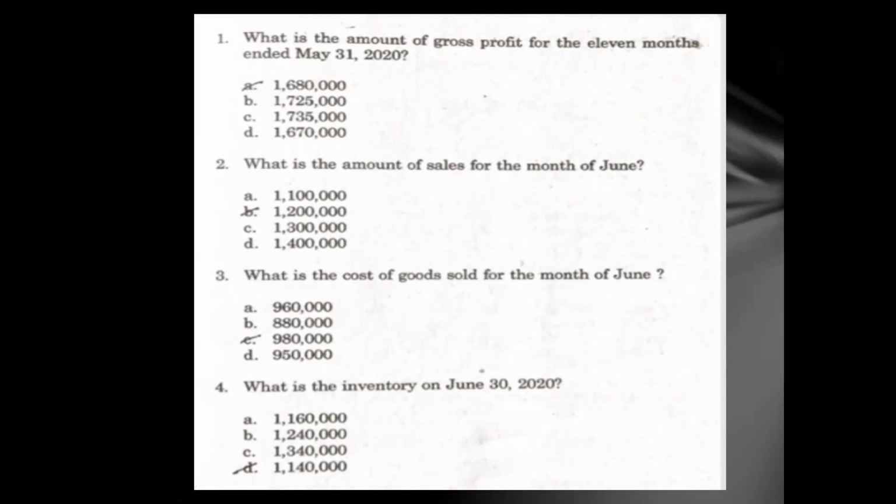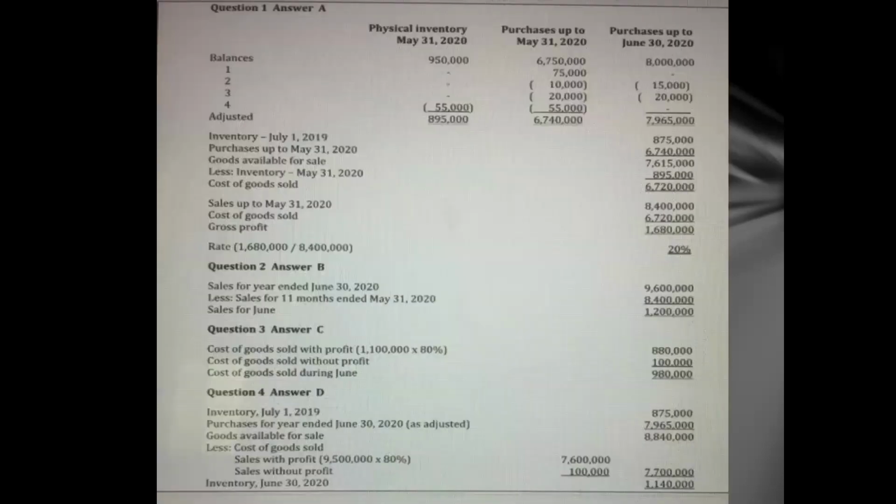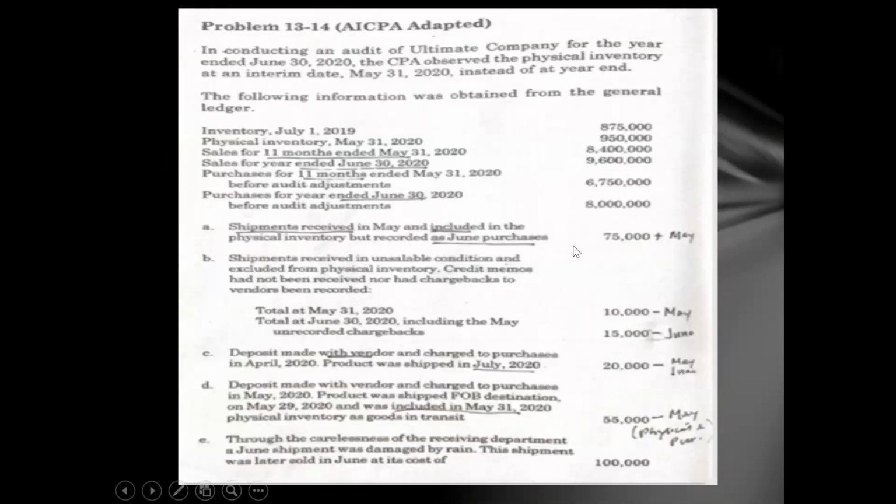So in answering all of this, let's consider the adjustments. Let's make a ledger first. In our first item, we have beginning balances. These are given in the problem. Then for number 1, if you could remember, this was not included in the May, going back to the problem here.